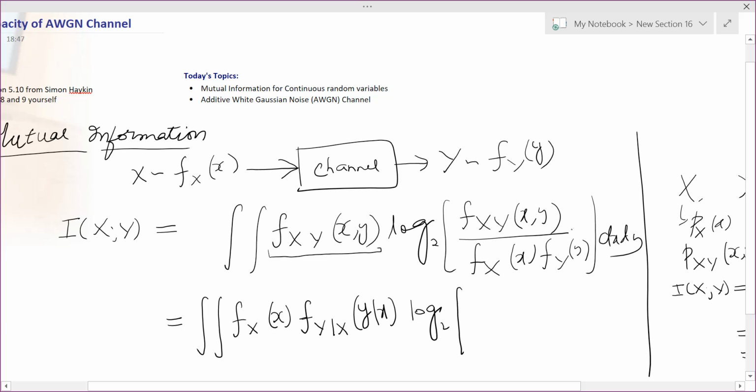Here also, fxy divided by fy becomes f of x given y. Rather, it is more useful and more fruitful to take fxy divided by fx, which is f of y given x, divided by fy of y.